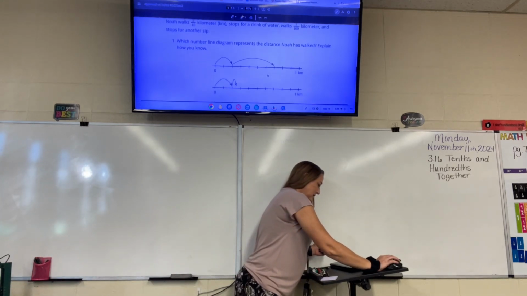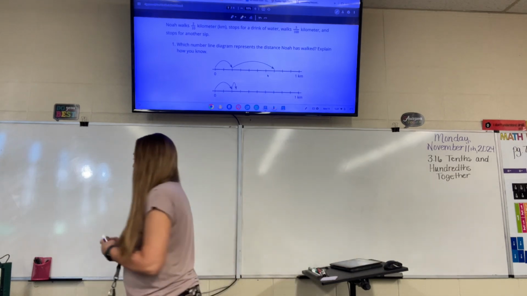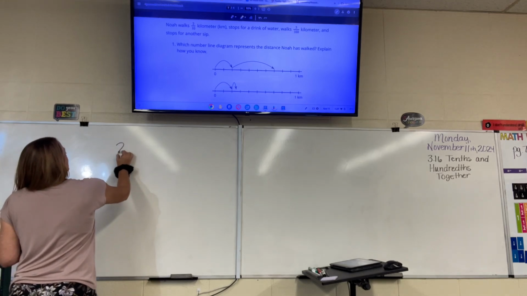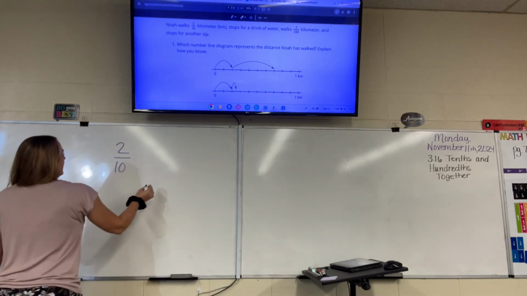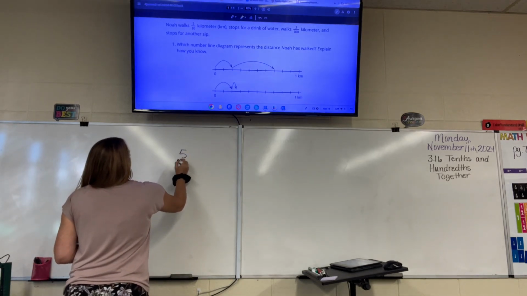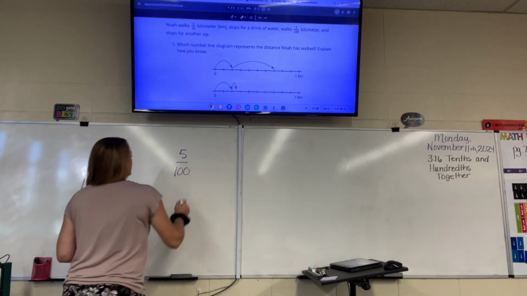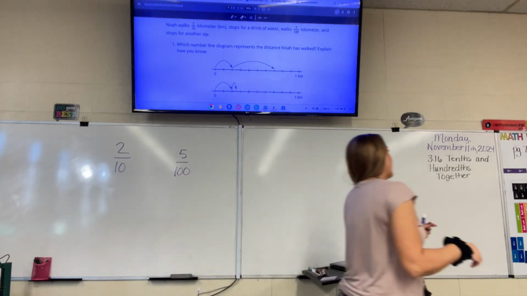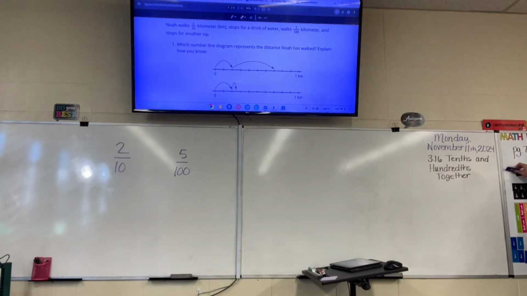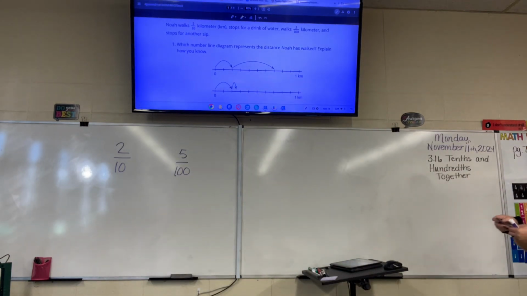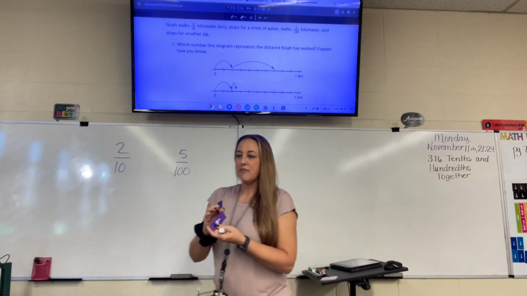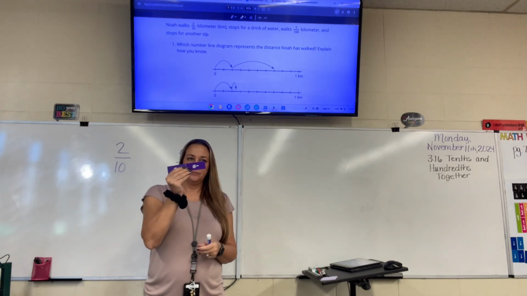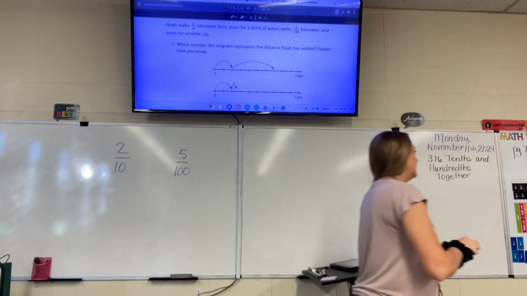So, I'm not going to come right out and tell you, I'm going to show you. So it says Noah walked 2/10 and then stopped and then walked 5/100ths. Look over here for a second. So if I have 2/10, this is how far Noah walked. Okay, 2/10. And then he took a drink of water.